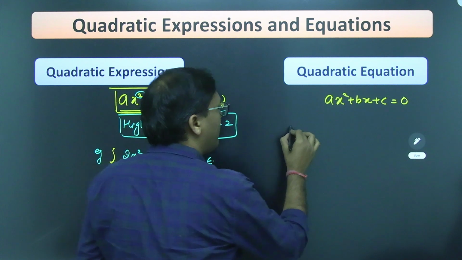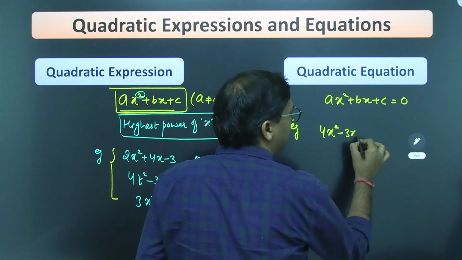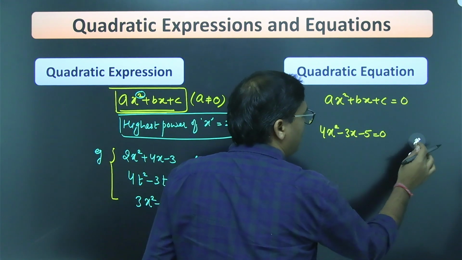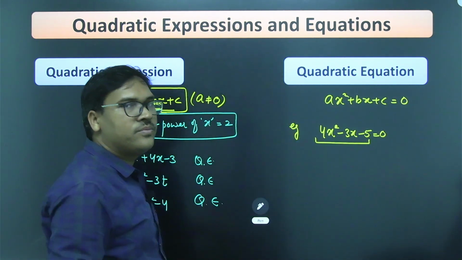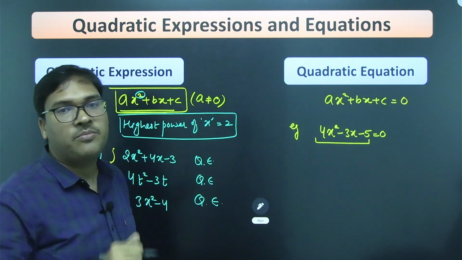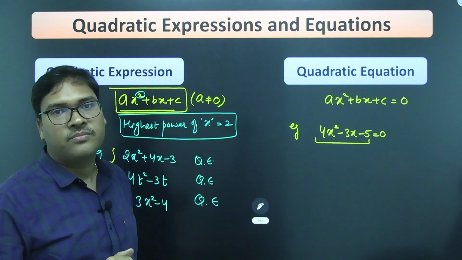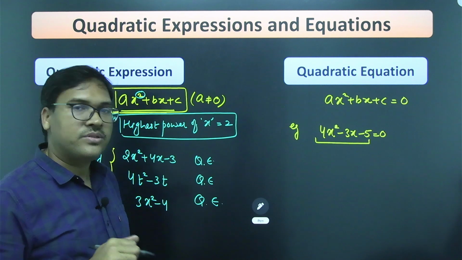So for example, if you have 4x square minus 3x minus 5 equal to 0, this is the quadratic expression and I have made it equal to 0. Then this is an equation. An equation involves an equal to sign in between, because it is something on the LHS equal to something. So this is a quadratic equation.